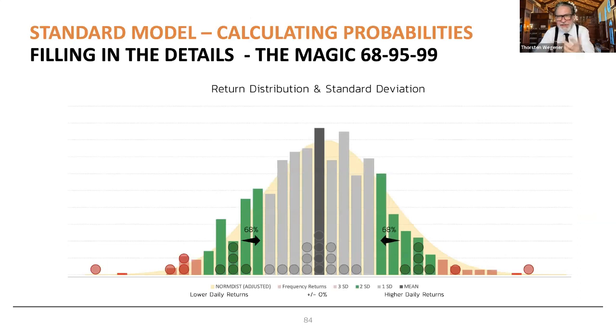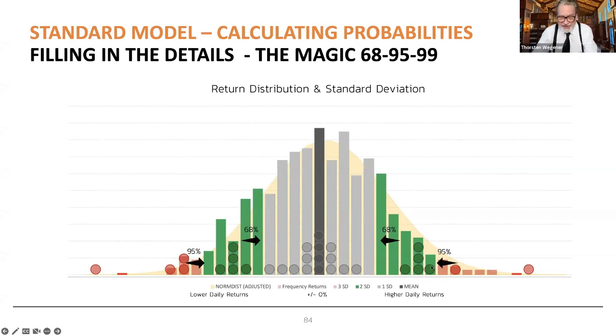So what is it? The magic 68, 95, 99% rule. The standard deviation, I've used the word, but standard deviation obviously has a meaning. It simply says one standard deviation, what we were just talking about with the VIX at the moment, the calculation dividing by 16: 68% of all occurrences will happen within this gray corridor, 68%. 95% will happen within this corridor.